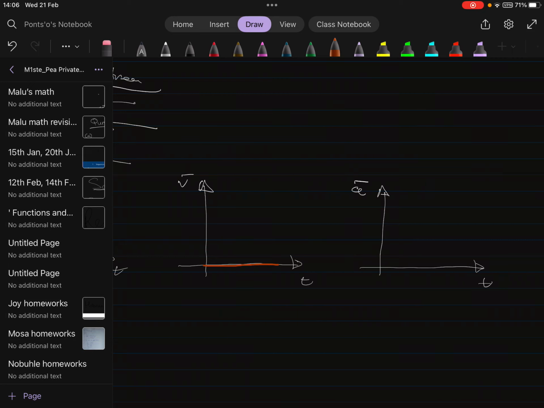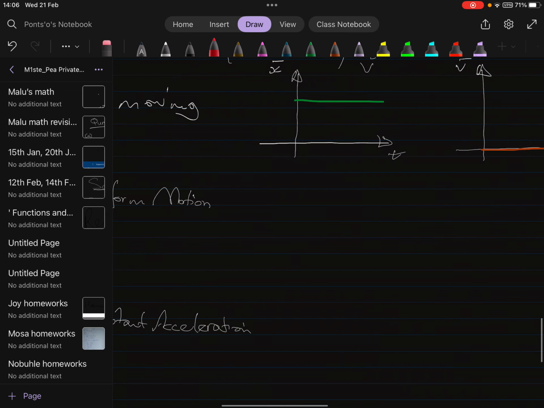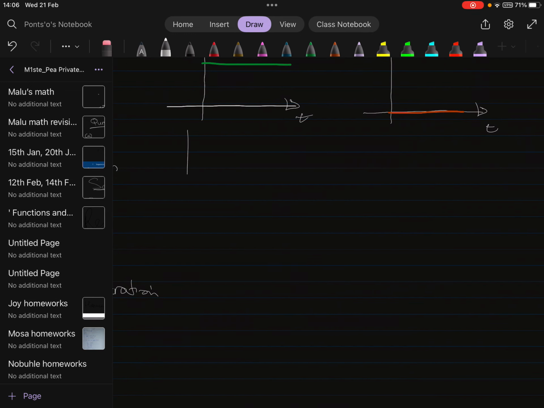Let me make that orange. There's no velocity. And I'll make this one red. Then there's no acceleration. All right.